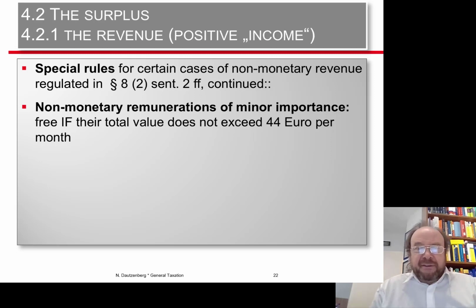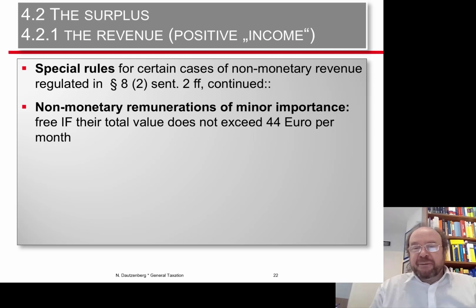From 2021, that will be increased to an even 50 euro. Great advantage of social nature. So in that case, even that 50 is a simplification. Important is that you read the if.